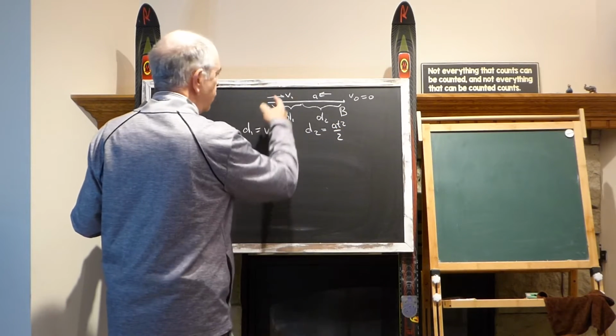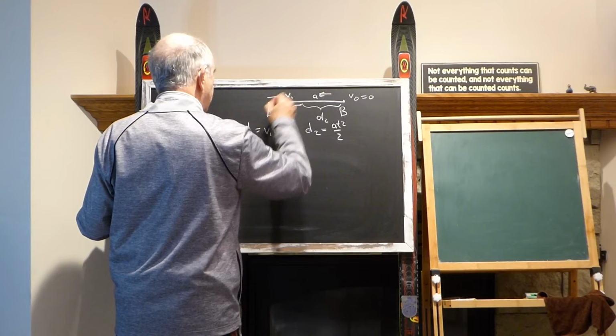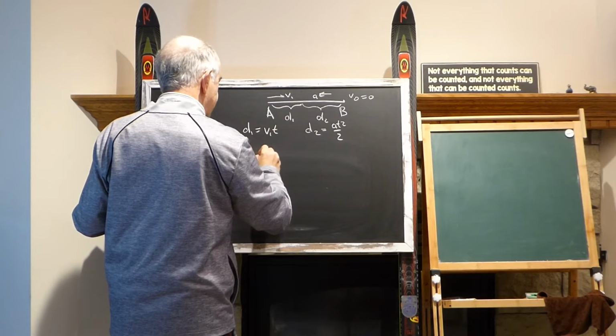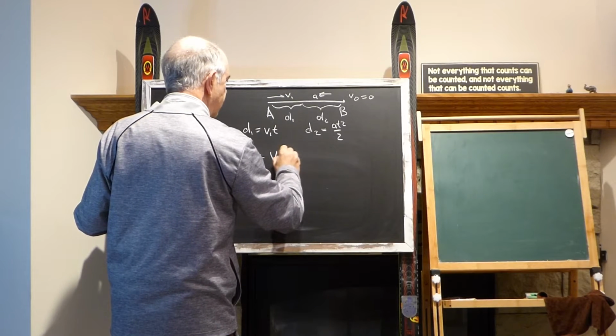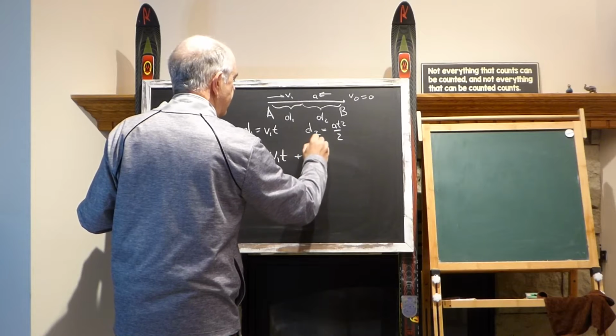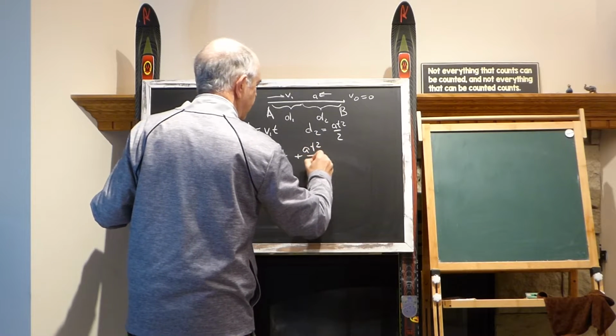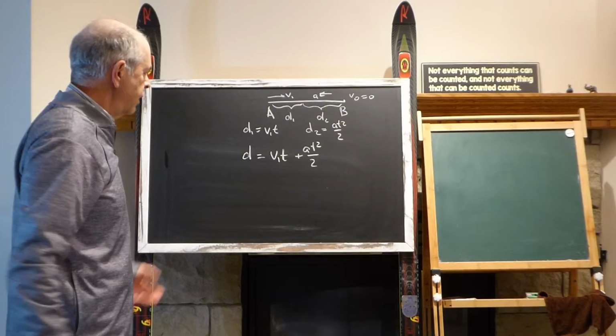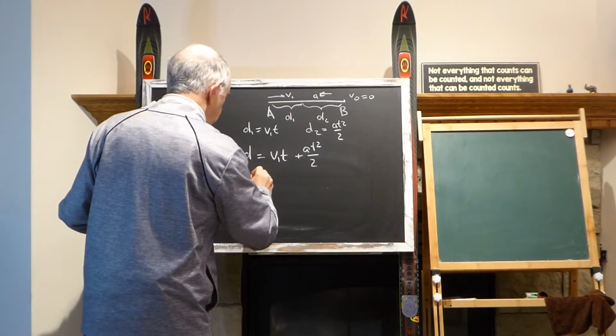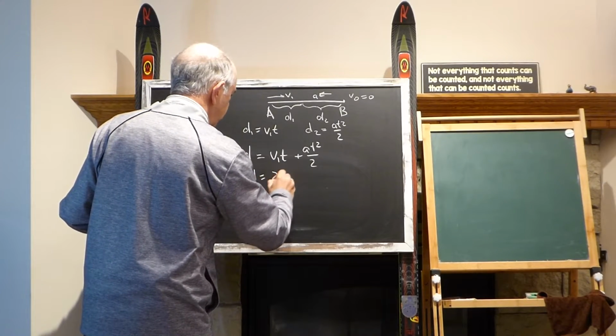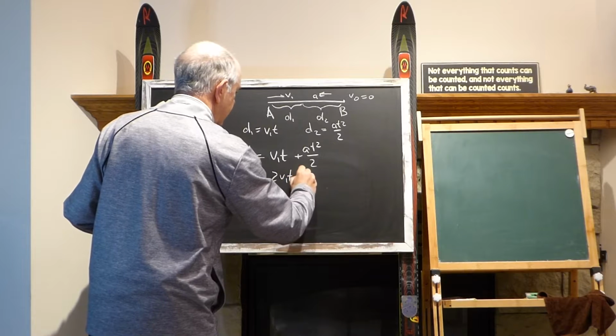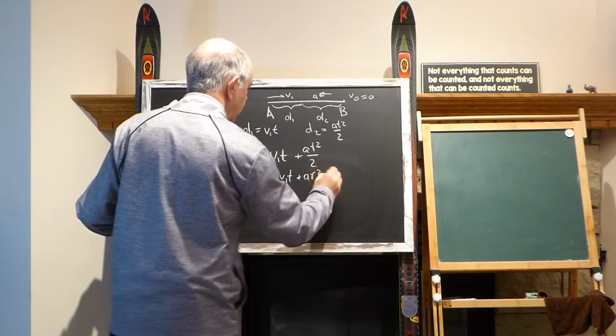And of course, the total distance d is given to us. D is equal to v1t plus at squared divided by 2. So it's very simple, multiply by 2: 2d equals 2v1t plus at squared.